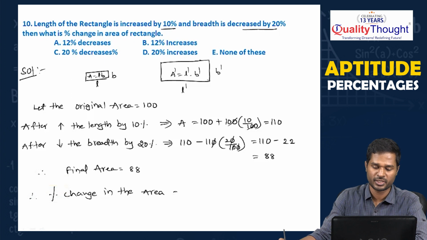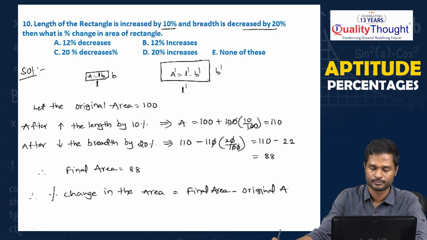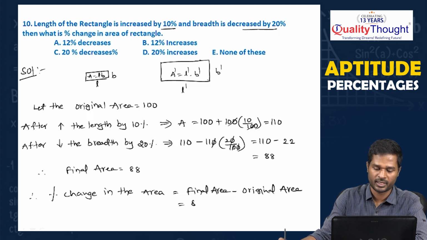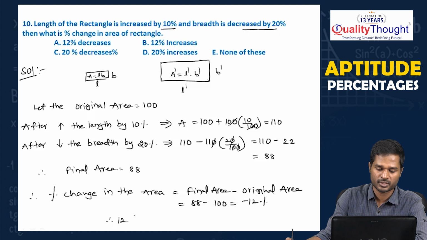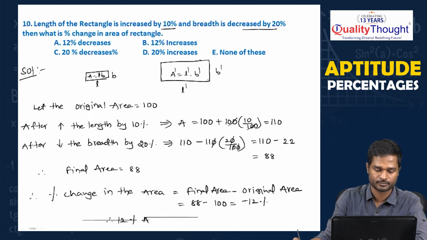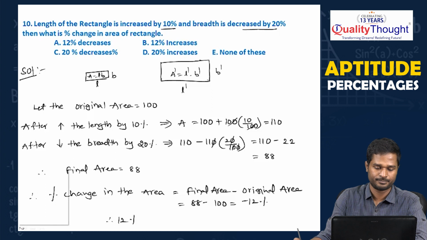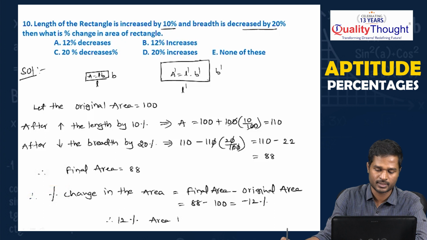So, the percentage change in area is final area minus the original area, that is, 88 minus 100, which is minus 12 percentage, means therefore 12 percentage of area is decreased.